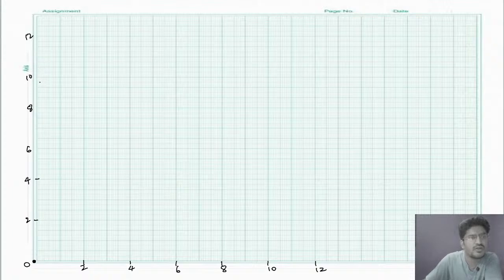Okay. So now you should draw the graph and you can check the values. For 2 centimeters I have taken 2.